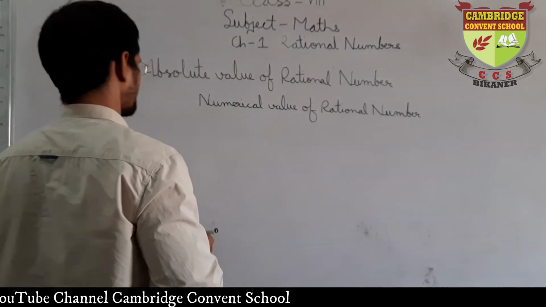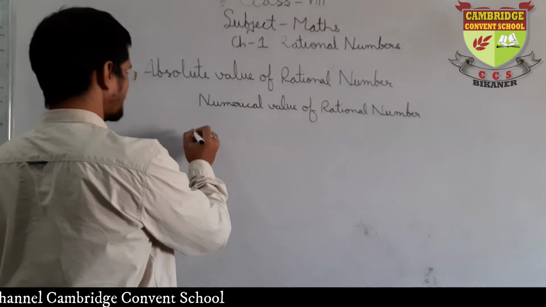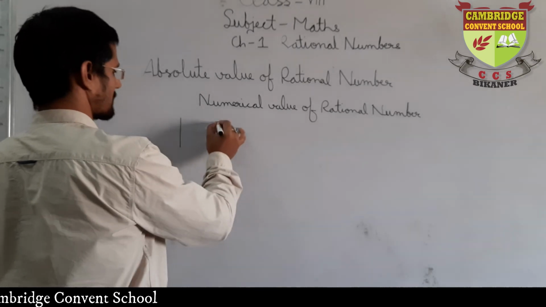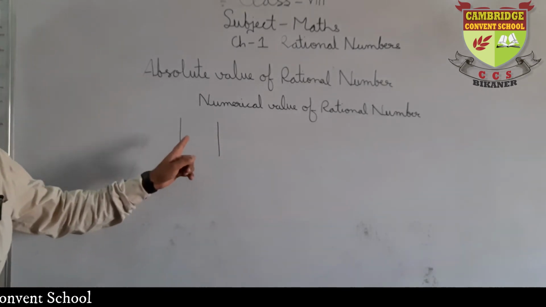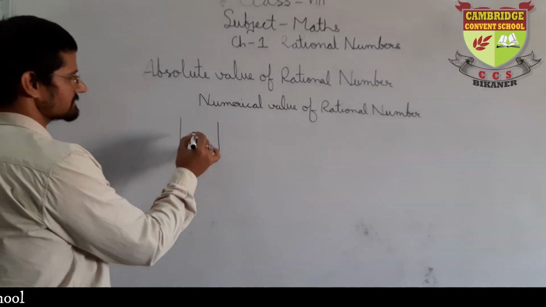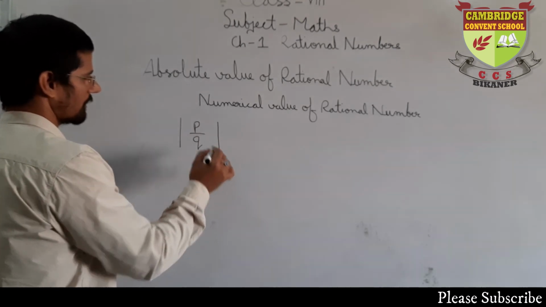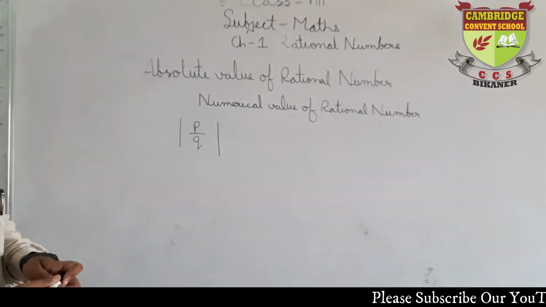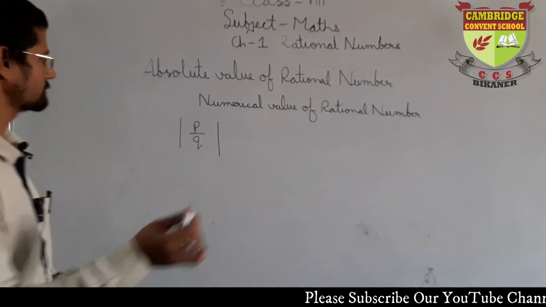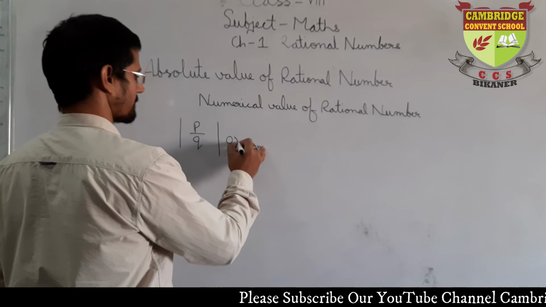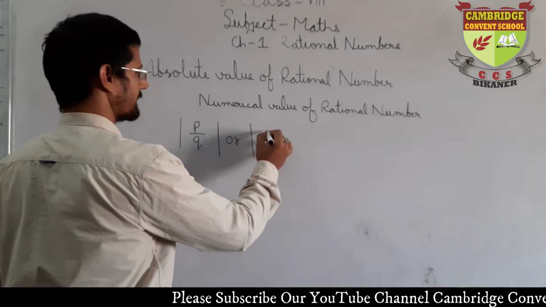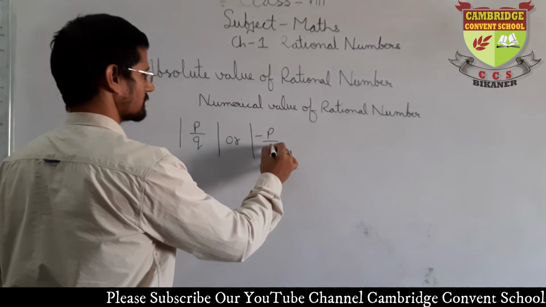It is denoted by this symbol. It is read as modulus of p upon q or mod of p upon q, or mod of minus p upon q.